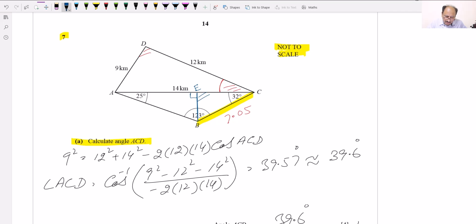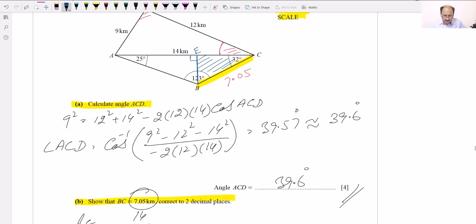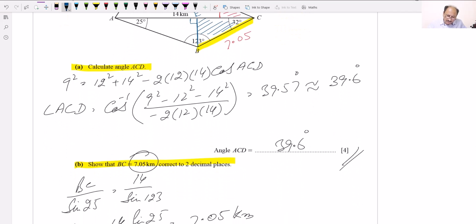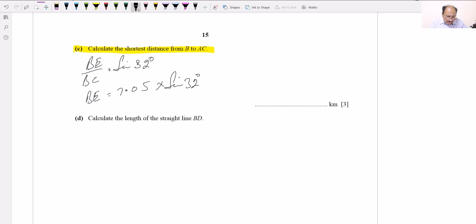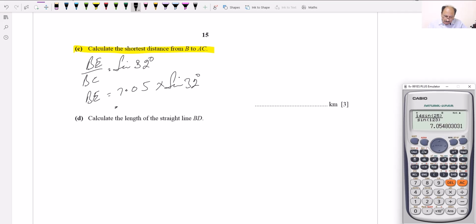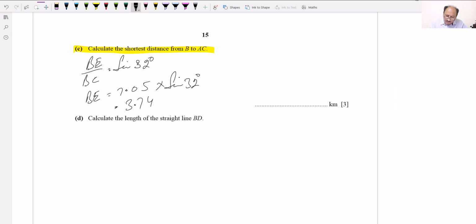We are now considering this triangle, so BE over BC will be equal to sine of 32 degrees, and BE will be equal to 7.05 multiplied by sine of 32 degrees, since BC is 7.05. This results in 3.738, or we can write 3.74, so 3.74 kilometers.